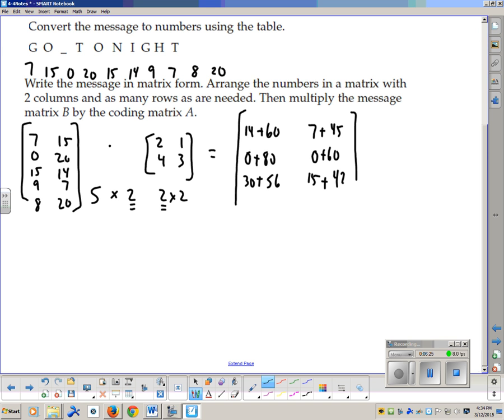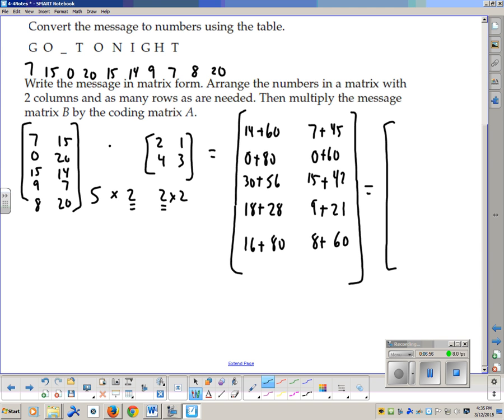So 9 times 2 is 18, plus 7 times 2 is 28. And now row 4 and column 2. So 9 times 1 is 9, plus 7 times 3 is 21. And then my last row, 8 times 2 is 16, plus 20 times 4 is 80. And then last row in the last column, 8 times 1 is 8, plus 20 times 3 is 60.